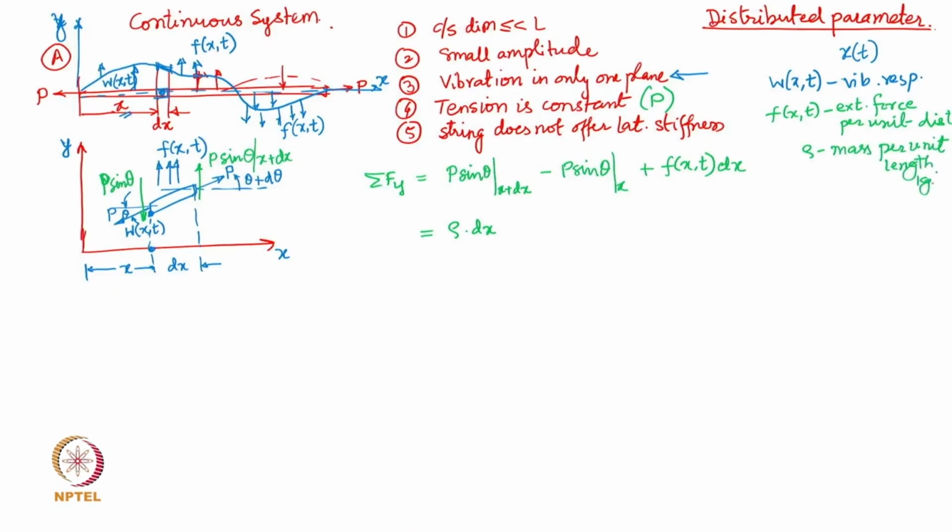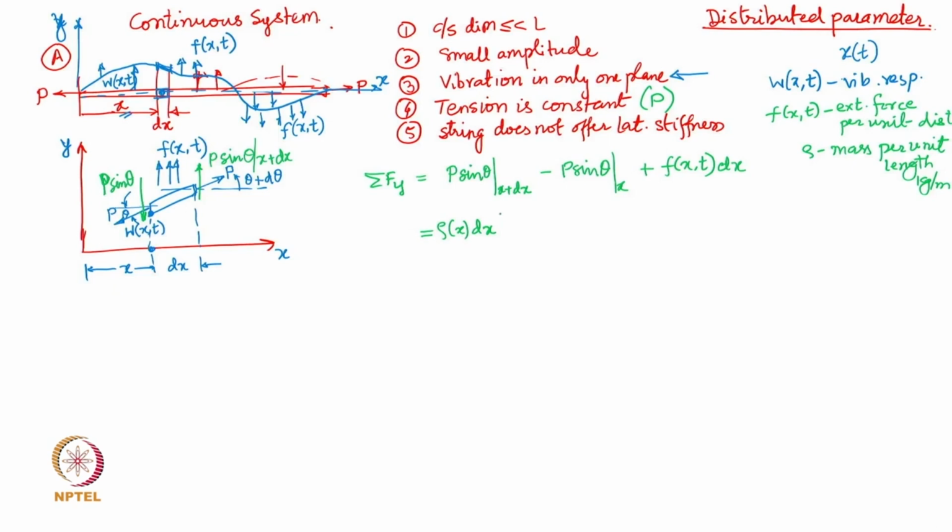So kg per meter. Okay, now this rho need not be a constant value, so let us write this more appropriately as rho of x dx. That means the material density may in fact vary, so we are making it a very general case.